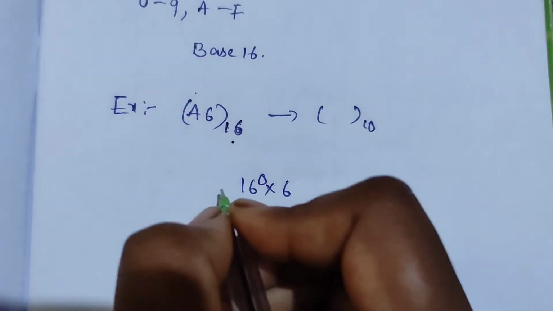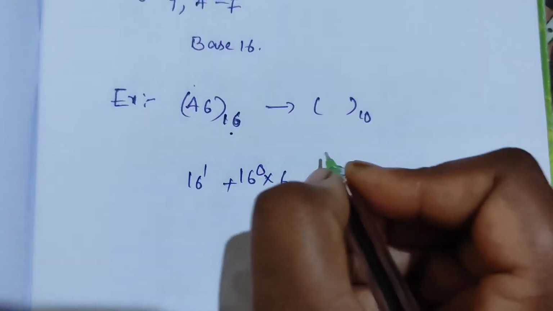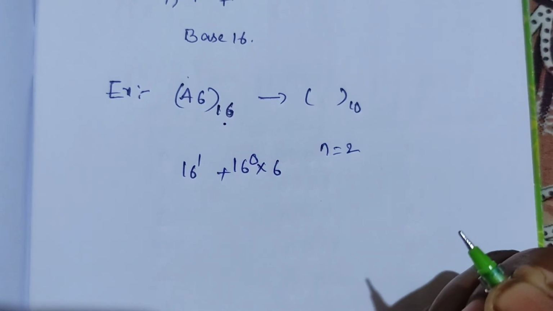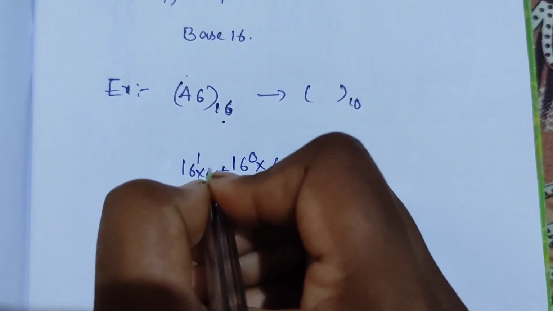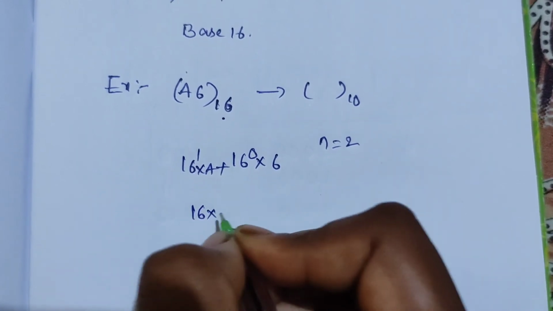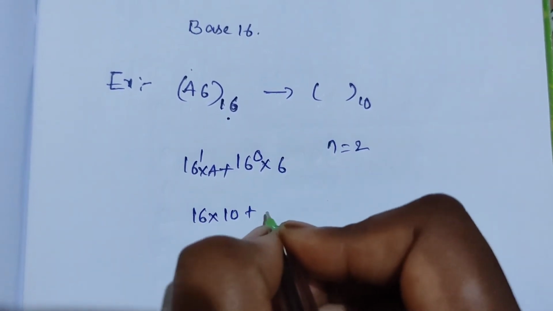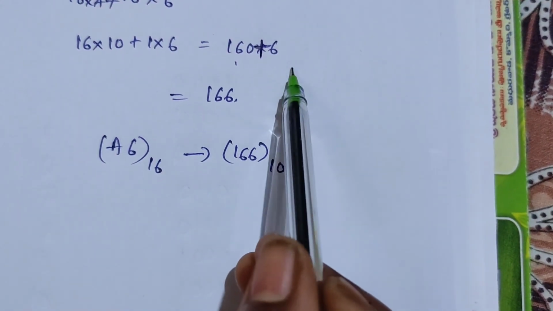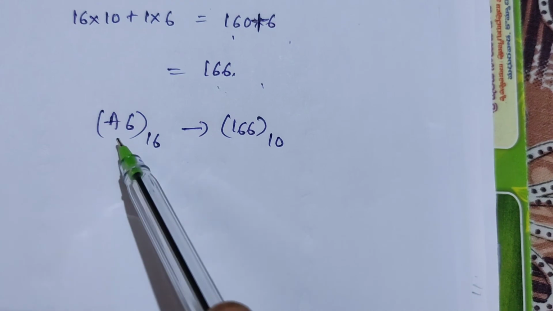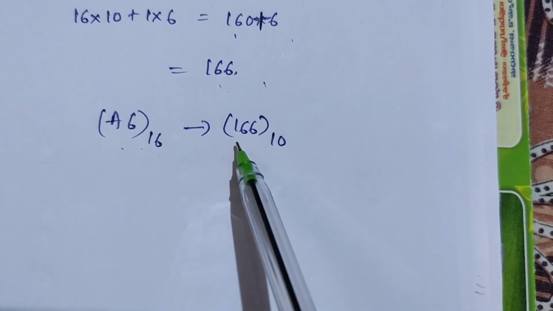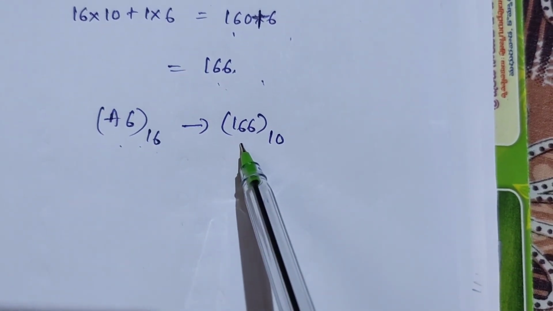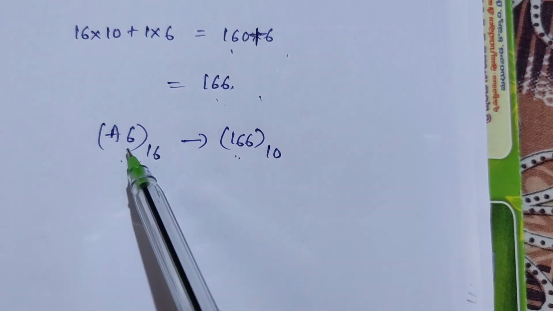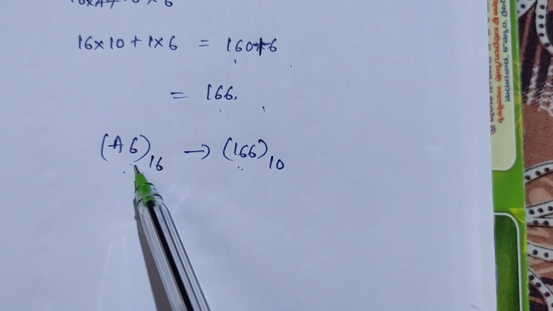So 16 power 0 into 6 plus 16 power 1, here n is equal to 2, so powers increase from n minus 1, that is 1, into A. So 16 into A, which is 10, plus 16 power 0 is 1 into 6. So 160 plus 6 is 166. So hexadecimal A6 is converted to decimal in this way. So 166 is the decimal equivalent of the hexadecimal number A6.